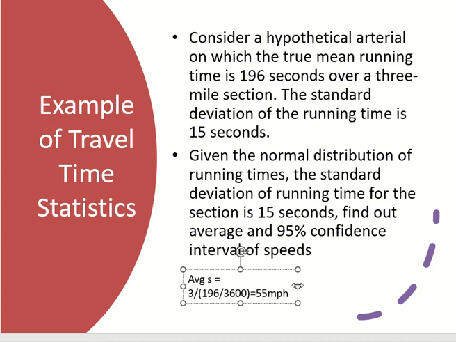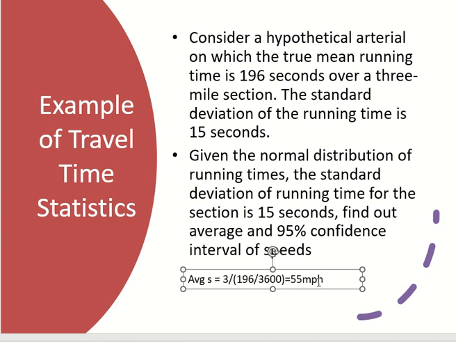The next thing is the confidence interval of the speed. Again, we'll do the same thing, distance upon time. So then I need the confidence interval of time. To get the confidence interval of a speed using distance upon time, I need the confidence interval of time.